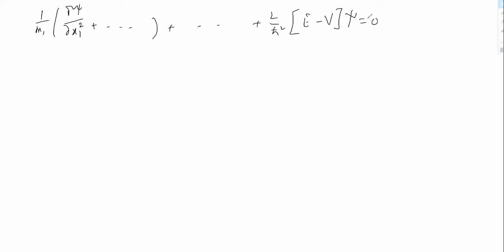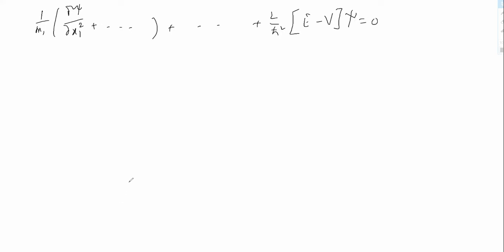Now, once we have delta square psi by delta x1 square, y1 square, z1 square, and then x2 square, y2 square, and z2 square, we will go back and put this in our master equation of 1 by m1 del square psi, which I wrote, since that is not there in my slide now. Just look at this step which I wrote: 2 by h cross square (E minus V) psi is equal to 0.